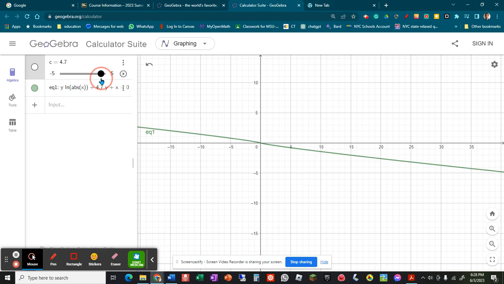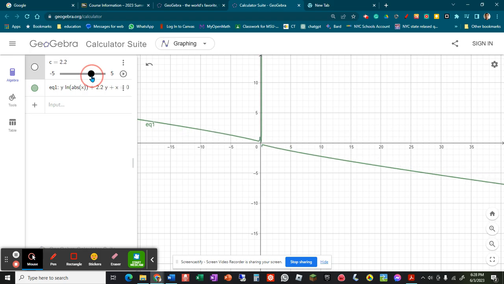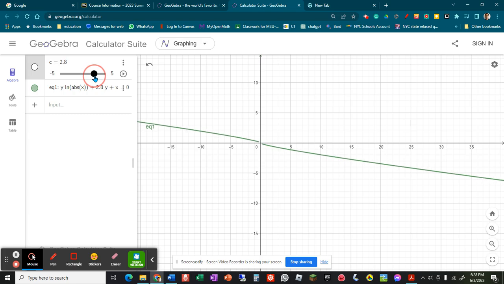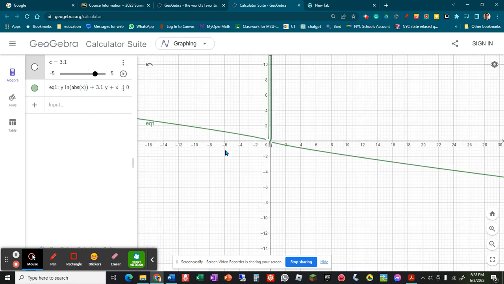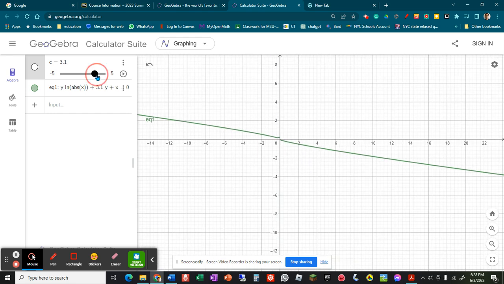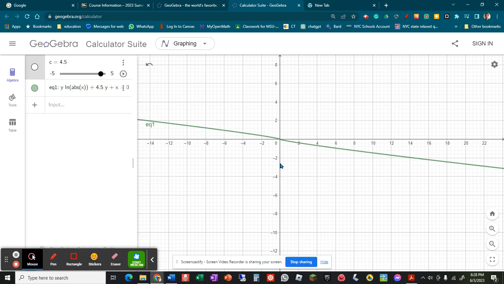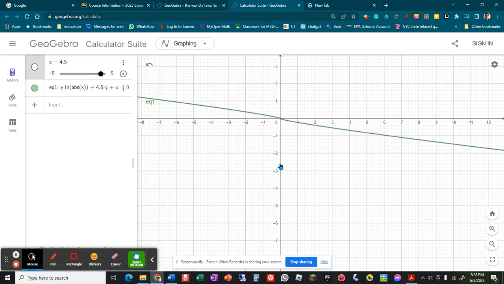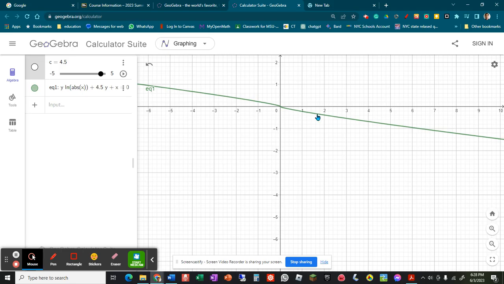It's always a good idea to play around visually, so you get an overall picture of the general solution, or the nature of the general solution. It looks like somewhere in here there is a critical value of c, probably somewhere here where it's connected. So at some point the graph is actually connected to one single graph.